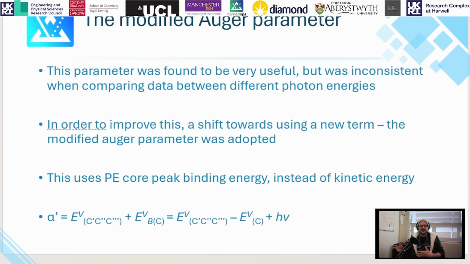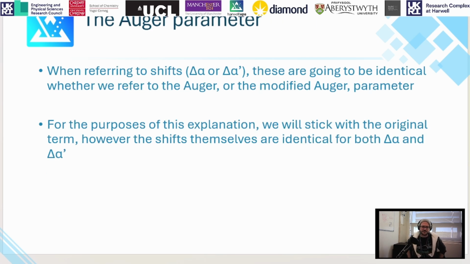So you can obviously do this conversion, but it is easier to deal with the modified Auger parameter, a binding energy and a kinetic energy of the Auger peak itself.